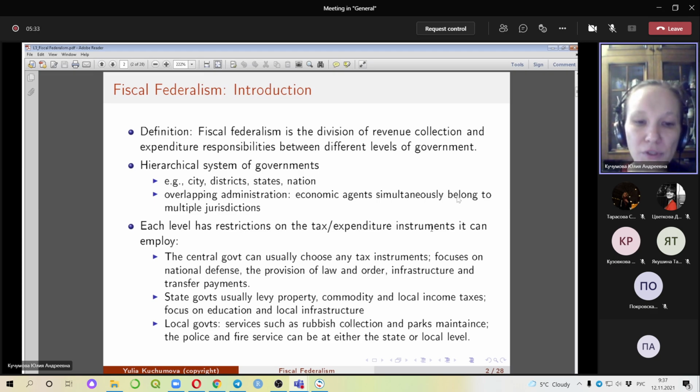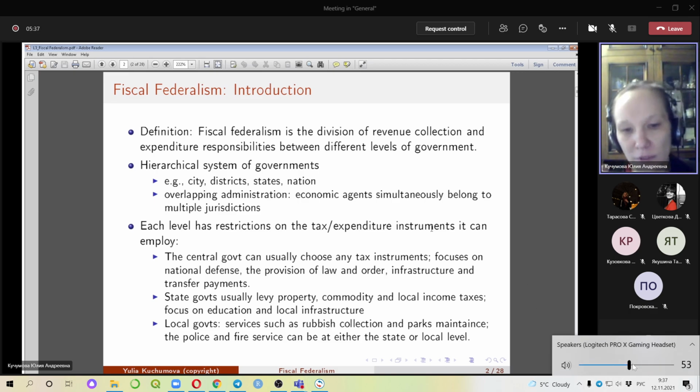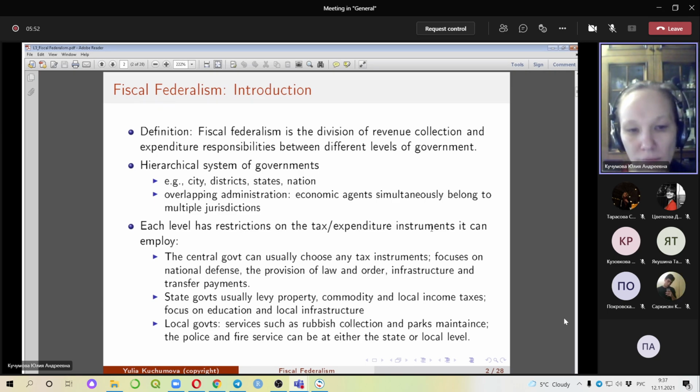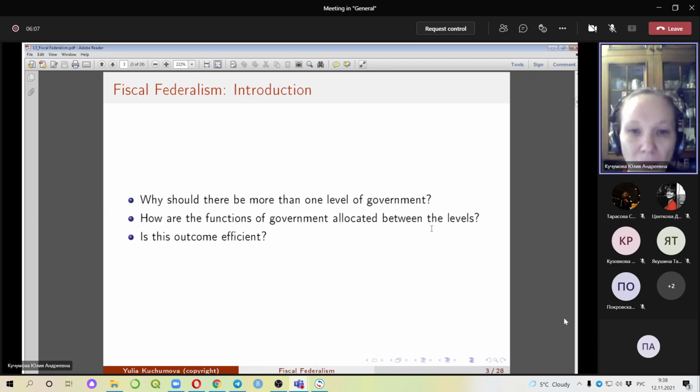While I give some examples, this could vary among countries, but this is approximately the average, right? And local governments provide services such as rubbish collection and park maintenance. The police and fire services could be at the local level or might actually be at the state level. So this is the hierarchical system of government that we live in.